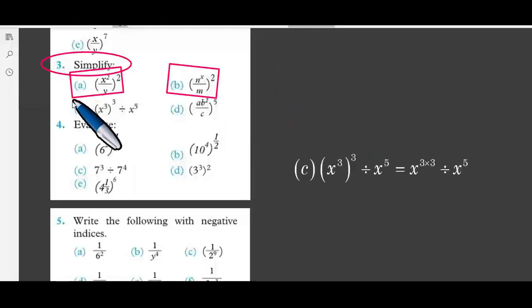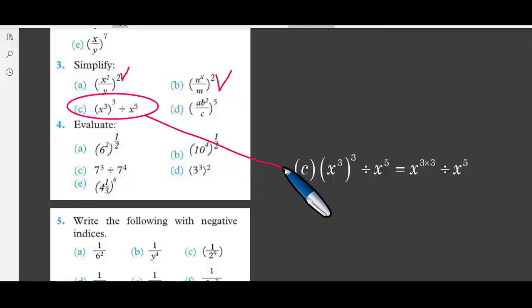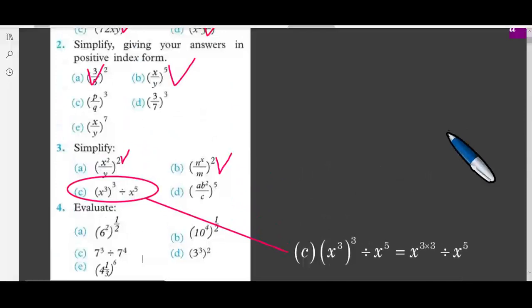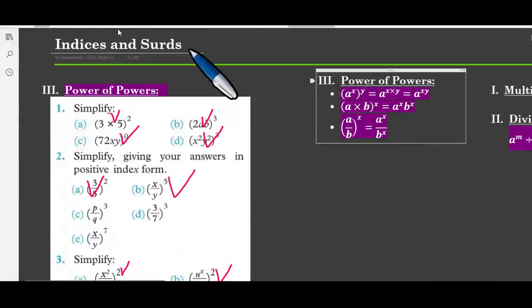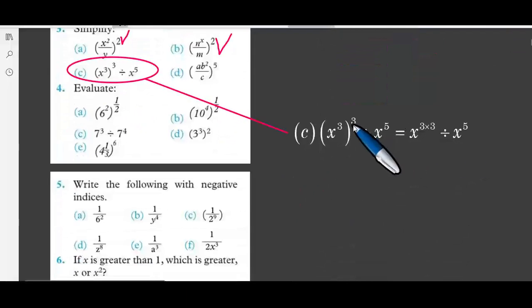Now see, I first applied this law. This exponent operates here.